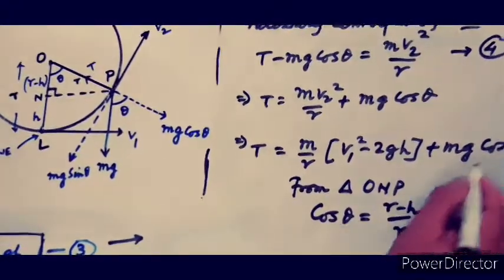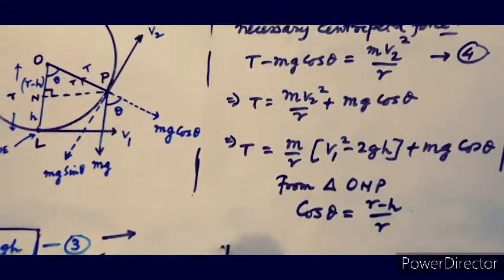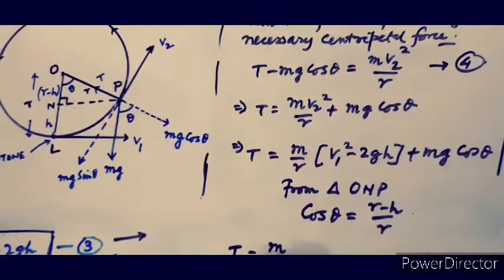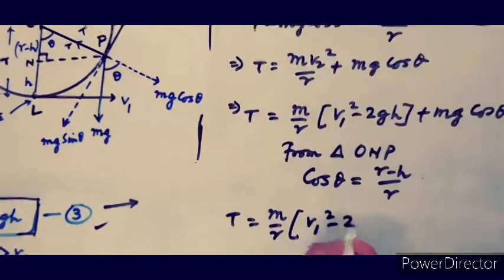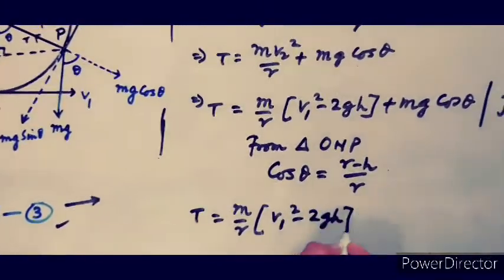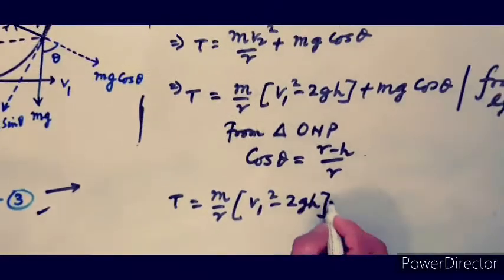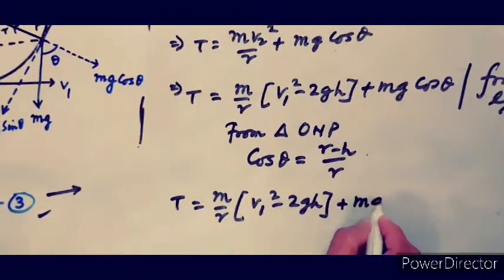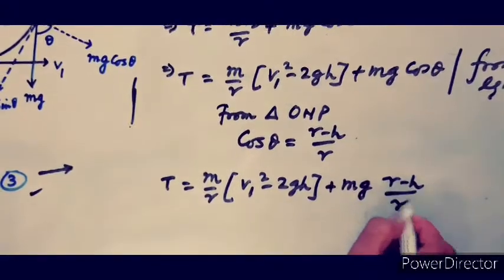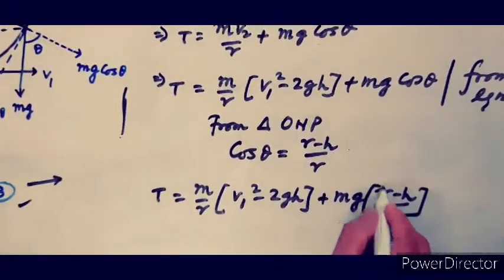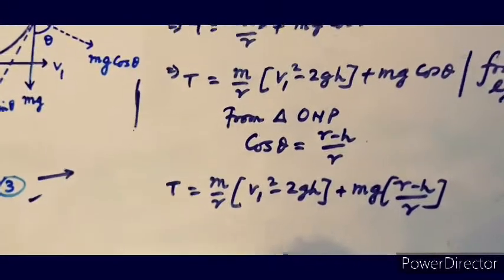Put this value also here. So ultimately it will be m by r, v1 square minus 2gh, plus m into g times r minus h by r. Right? Now solve it.